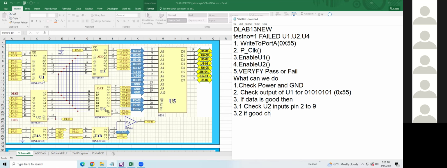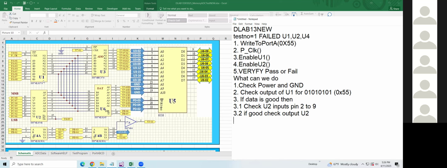You say check output of U2. Okay. Then when you check the output of U2, either good or not good.